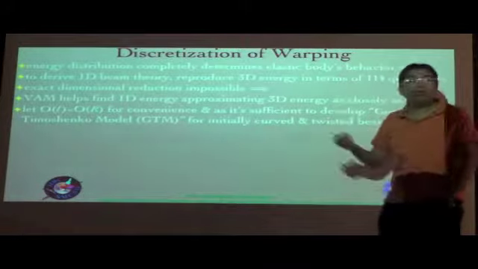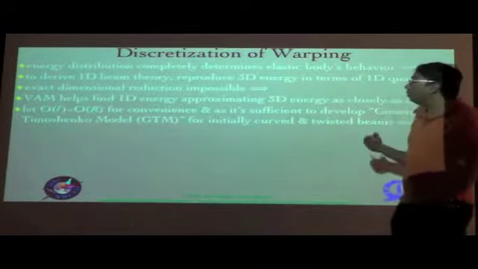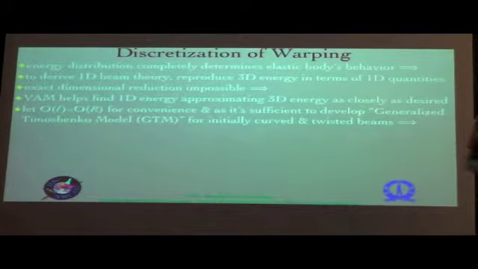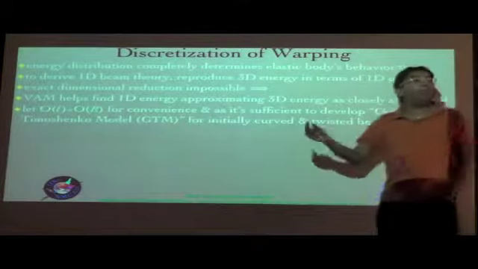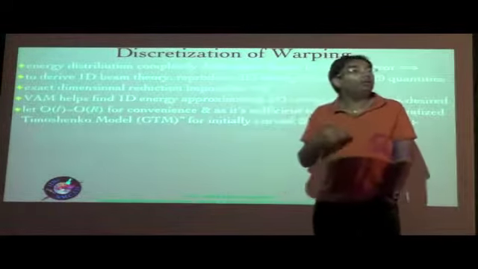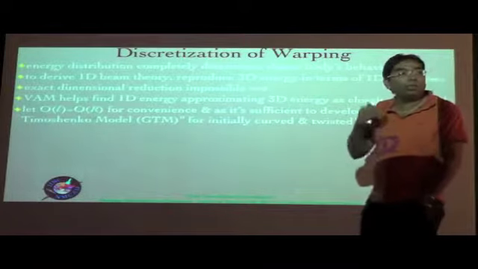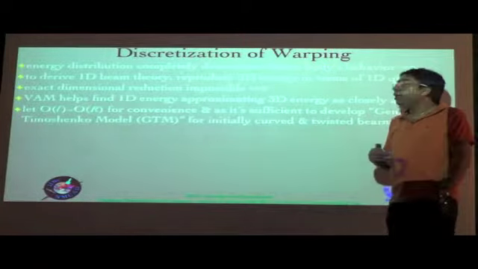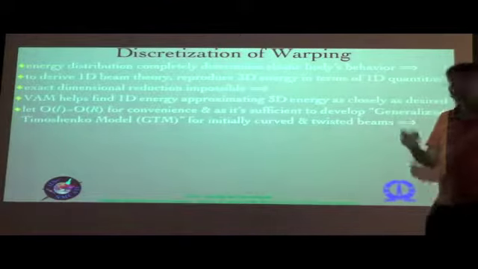And that is what would basically boil down to the so-called GTM or generalized Timoshenko model. And this we will do for a beam made of composite materials and very complex geometries, could be an airfoil cross-section with different kinds of composite materials involved in it, some sandwich constructions, whatever.